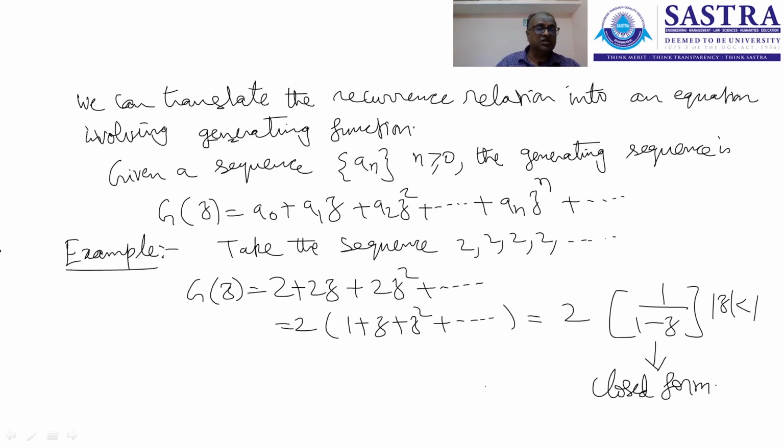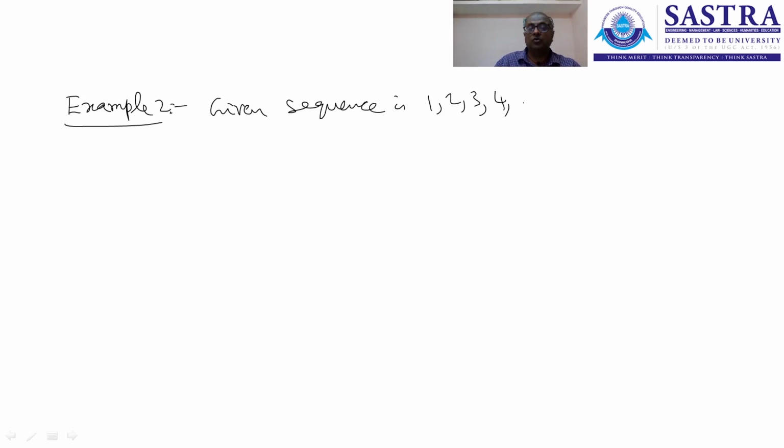Okay, so this is the process that you can do here. Now let me take a second example. Example 2, the given sequence is 1, 2, 3, 4, and so on.